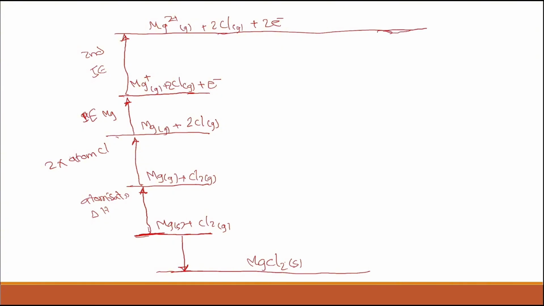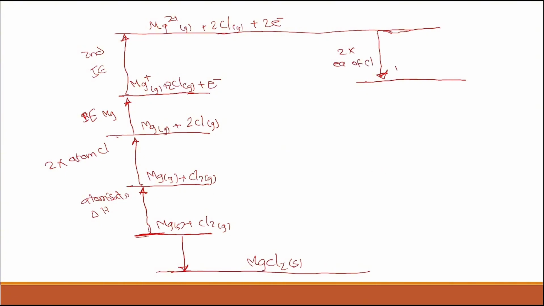And now we need to start working on the chlorine. We have ionized the magnesium completely. So now, moving on to the chlorine, we need to give the electron affinity of chlorine to give the chloride. We have 2 moles of chlorine, so it's going to be 2 times the electron affinity of chlorine.